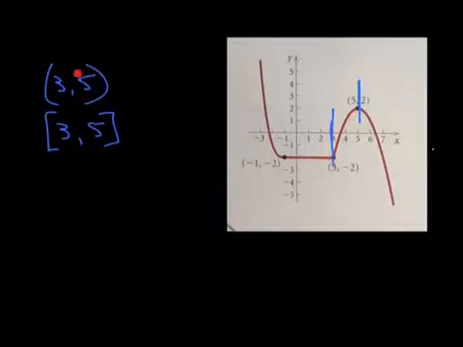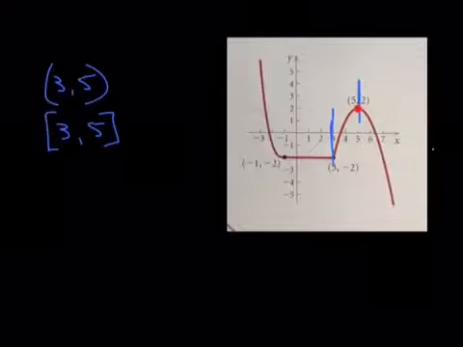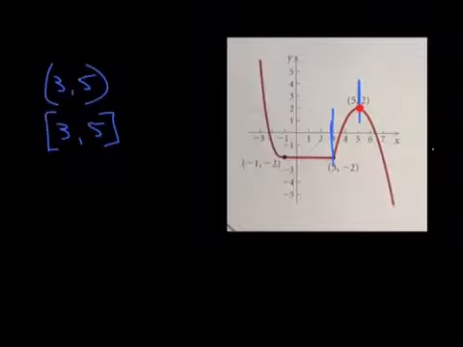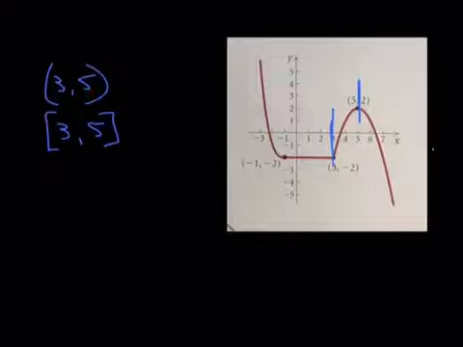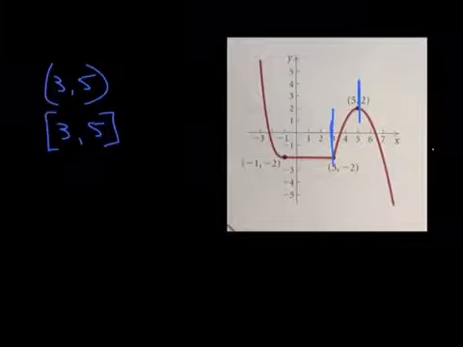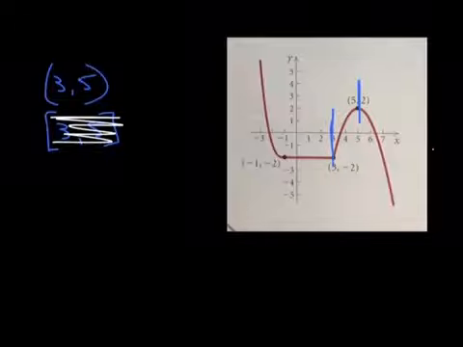So it isn't including 3. And notice here, 5. This is the point where it's changing direction from increasing to decreasing. So at that apex, that point there, 5, it's not doing either. So that's why it's got the rounded one, saying it does not include 5. So make sure that you know that we're not talking 3, 5 there.